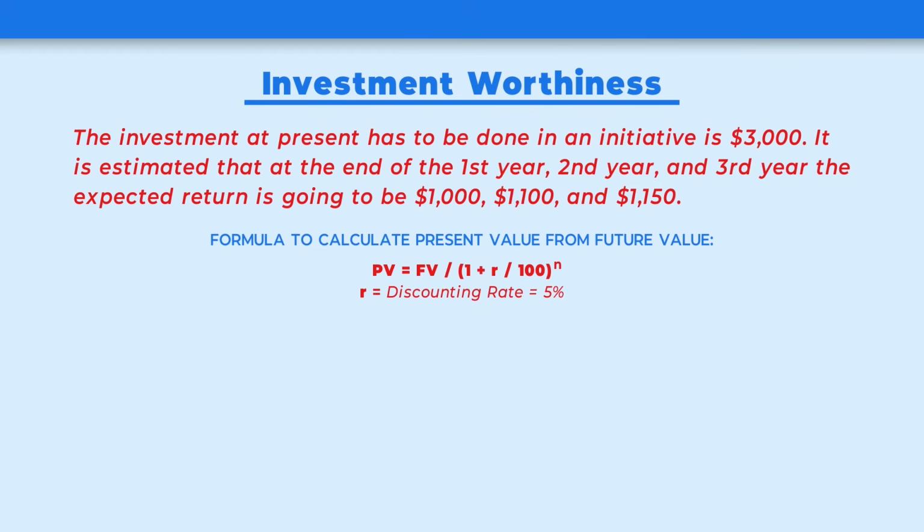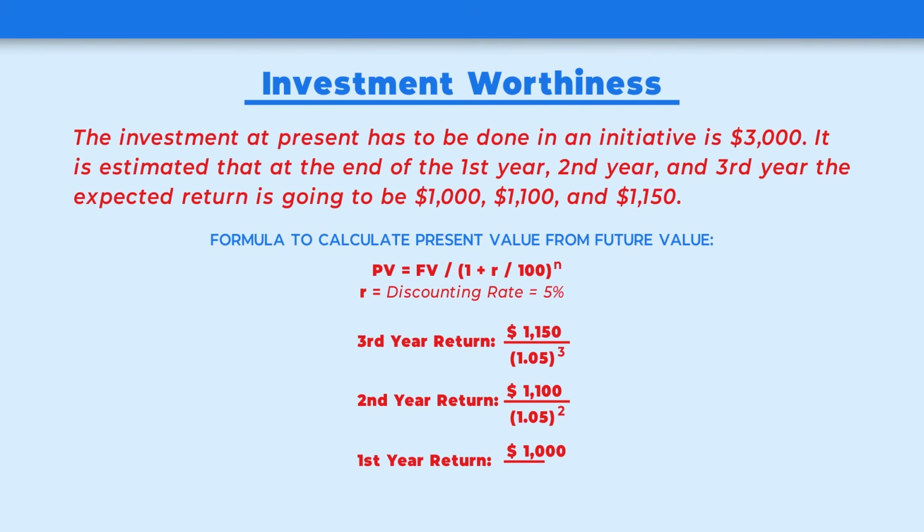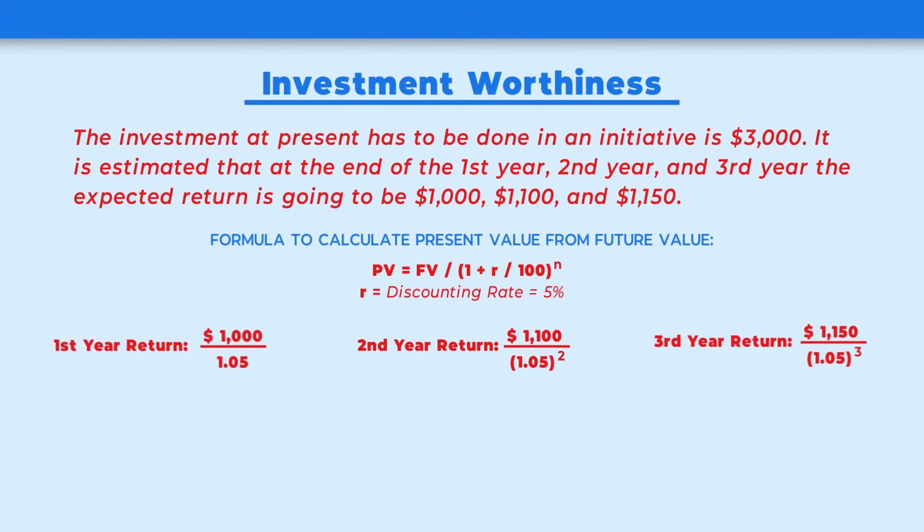So if we calculate those values, we will be applying the formula as shown here. For the third year return, 1150 divided by 1.05 raised to the power 3. For the second year, 1100 divided by 1.05 raised to the power 2. And for the first year, 1000 divided by 1.05. This 1000, 1100 and 1150 are the estimated returns at the end of first, second and third year respectively.